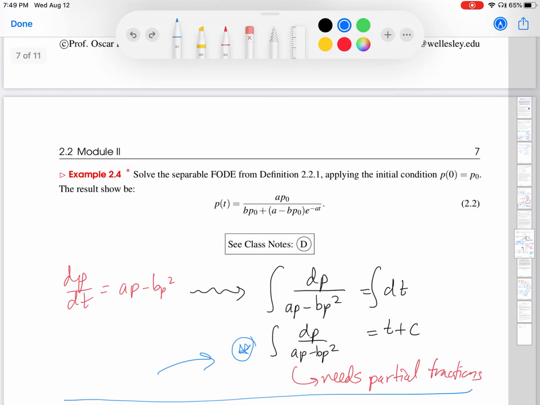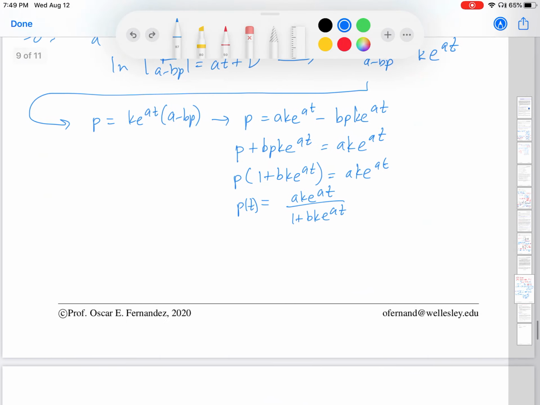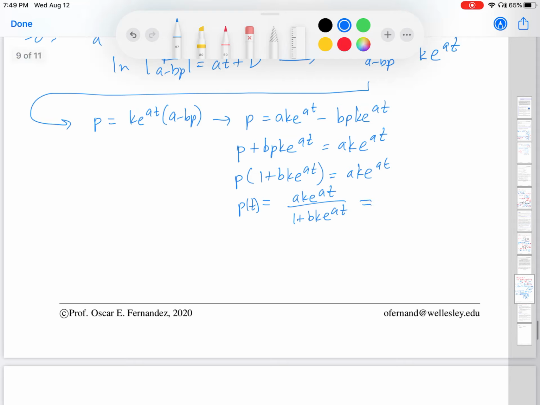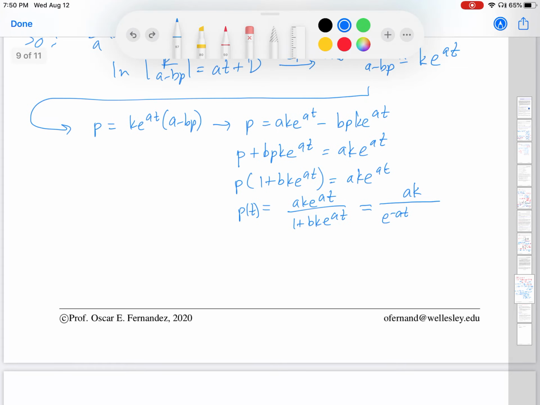So that's kind of a clue that what we want to do with the solution we have is divide both numerator and denominator by e to the at. So if I do that, then the numerator just becomes ak. 1 over e to the at is just e to the minus at. And the bk e to the at term becomes just plus bk.